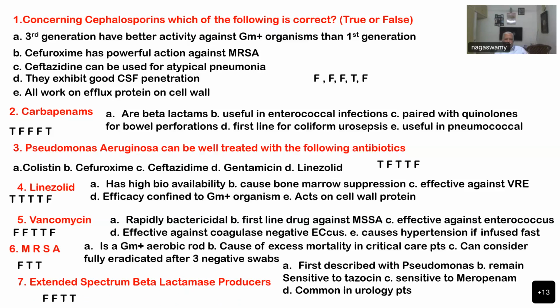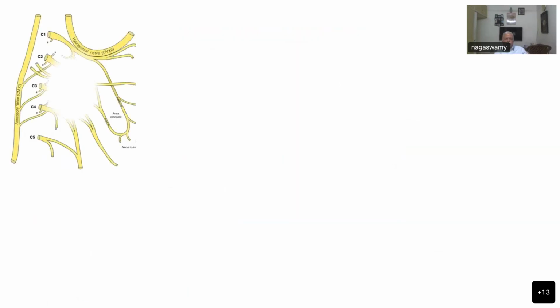C and D are true. First two are false. First described with Pseudomonas is not correct. It remains sensitive to tazocin is also not correct. They are sensitive to meropenem and it is common in urology patients. So that question was mainly to tickle your interest in ICU care, mainly for antibiotic knowledge.